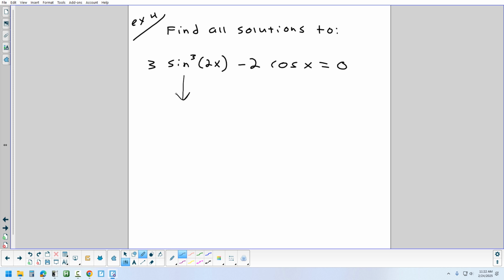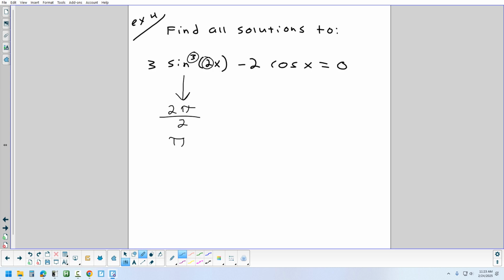Sine cubed 2x, this 3 does nothing. That's a vertical stretch. That doesn't affect the period. Sine cubed 2x, that all plays into the period. What's the formula for the period? 2 pi over b, so this one would be 2 pi over 2. So both the cube and the 2 are affecting the period. So what's the period of sine cubed 2x? Pi.